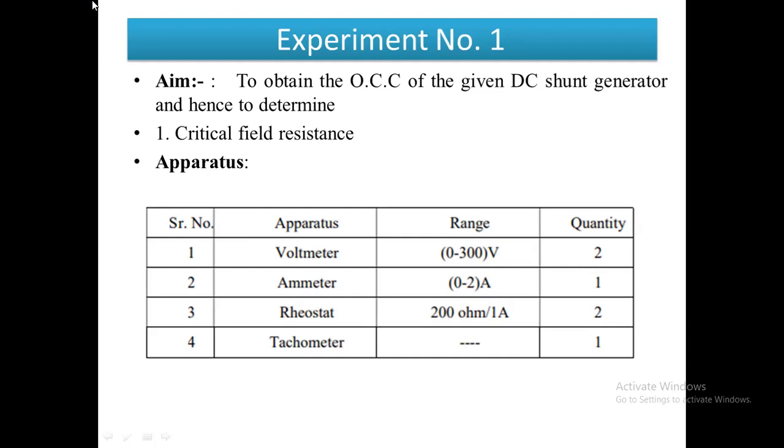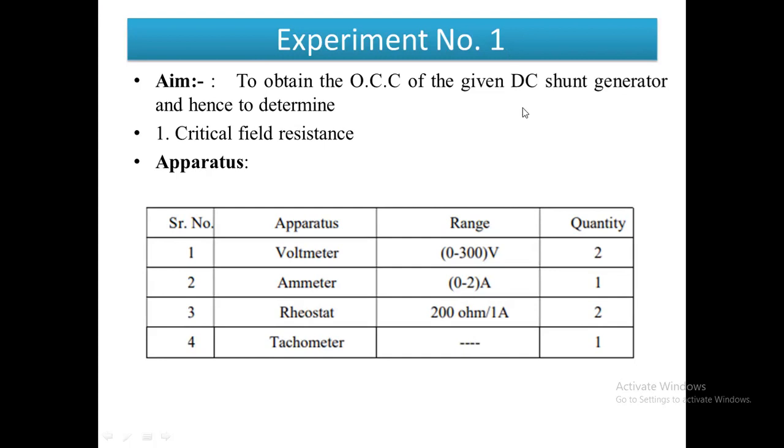We require two rheostats: one in series with the field of the motor, and another in series with the generator field. Each is rated 200 ohm and 1 ampere. Then, for measuring speed, we require one tachometer.